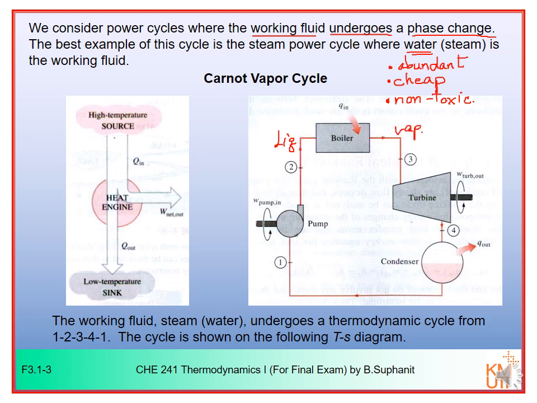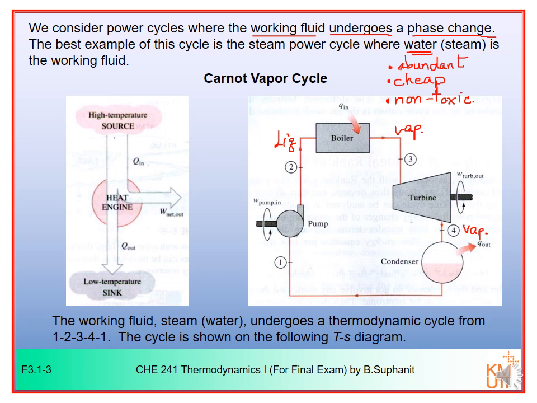Okay, and after that, the high pressure and high temperature vapor here will expand through a turbine, where it can generate the work, and exit at point 4. This is still vapor, but at a lower pressure.